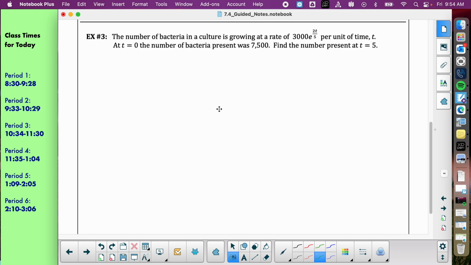This one, I would like you to try on your own, but I want to talk about it before you try it because it's written very misleading. I'm actually rather unsure why it was written this way. Okay, you were given this equation. It kind of looks like they gave you CE to the KT already.